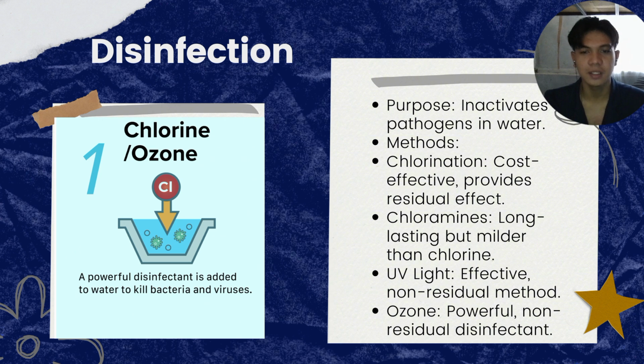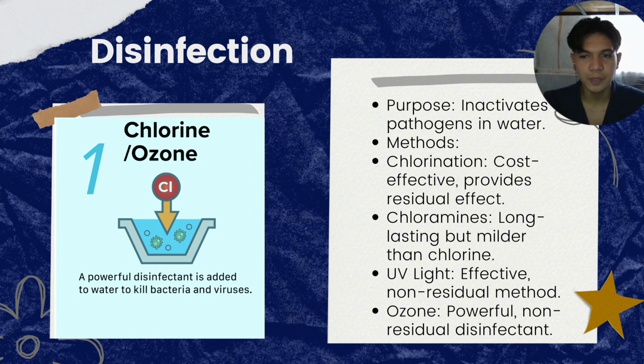Disinfection inactivates or kills pathogens in drinking water. Methods include chlorination. Chlorination is widely used for its effectiveness and cost efficiency. Second is chloramines. Chloramines provide a stable, long-lasting residual but are less potent than chlorine. Third is ultraviolet or UV light.